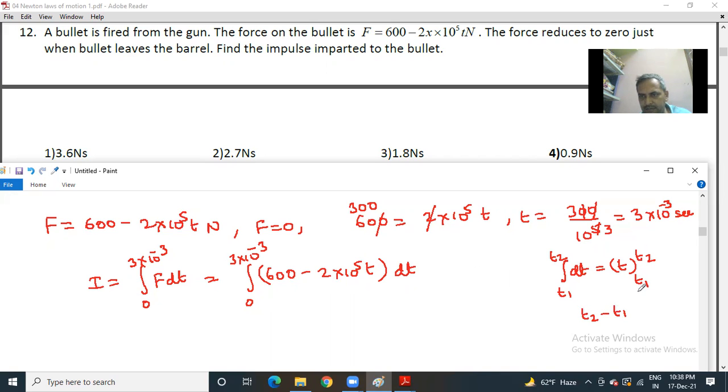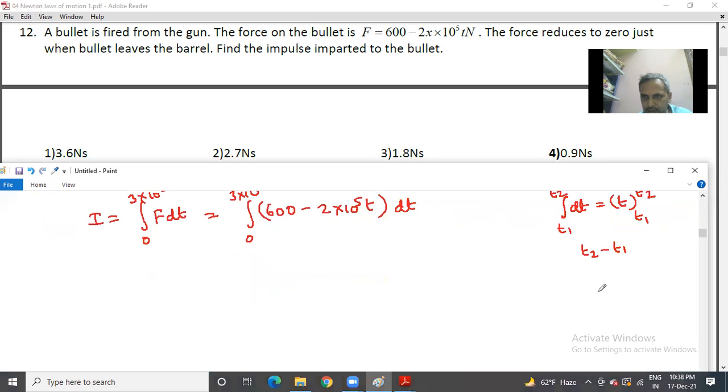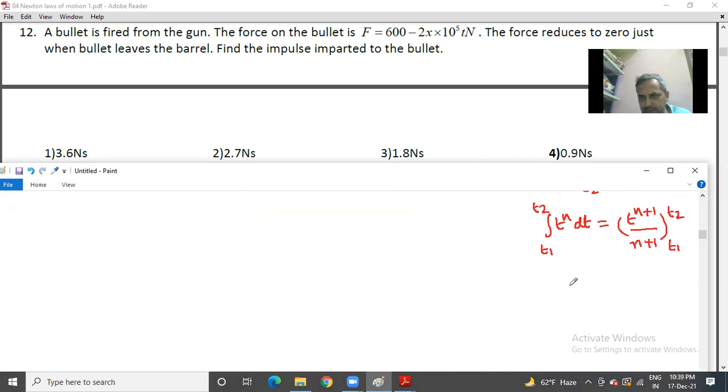Suppose it is t^n dt, with limits t1 and t2. The rule is t^(n+1) by n+1, so finally you get t2^(n+1) minus t1^(n+1), divided by n+1. If numbers are given, proceed accordingly.